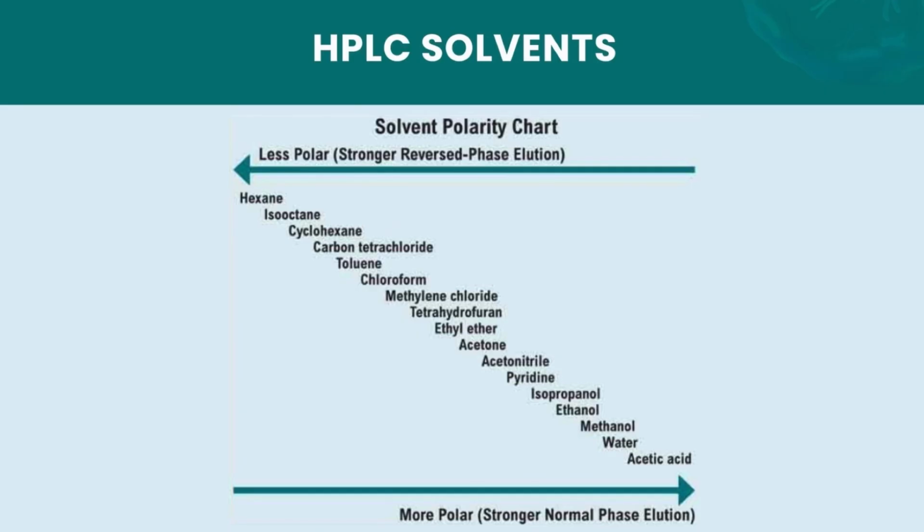Remember that if we are using a more polar mobile phase and a less polar stationary phase, then we are going towards normal phase elution, whereas if we are using a less polar mobile phase and a more polar stationary phase, then we are going towards reverse phase elution. So this is all about the different types of solvents that are used in HPLC.